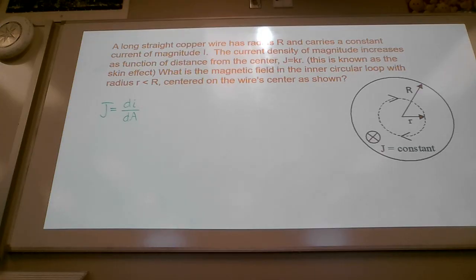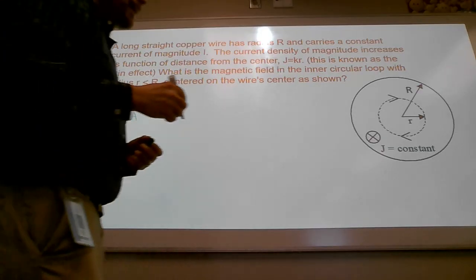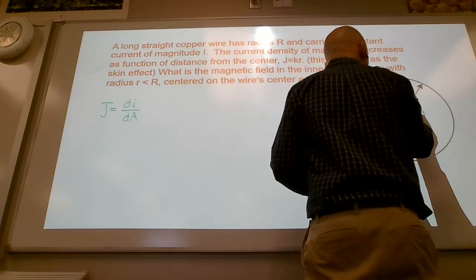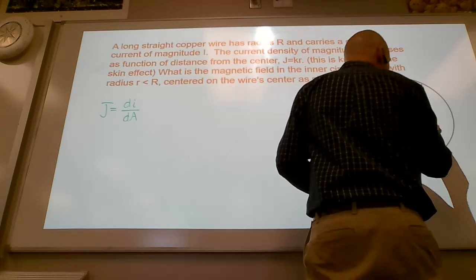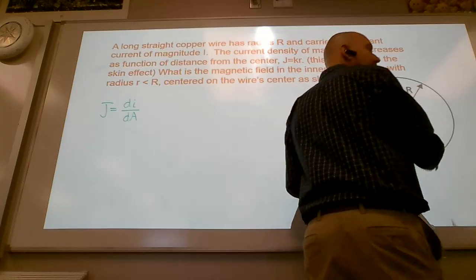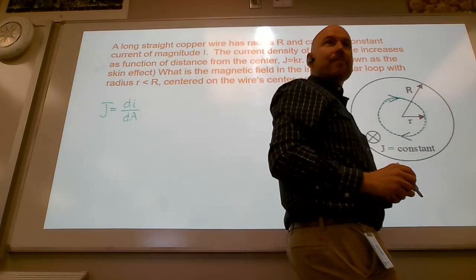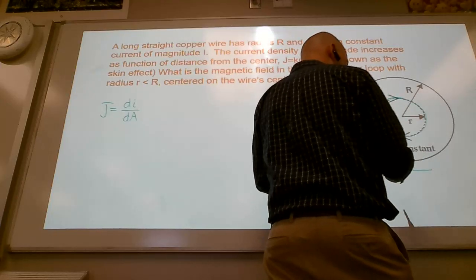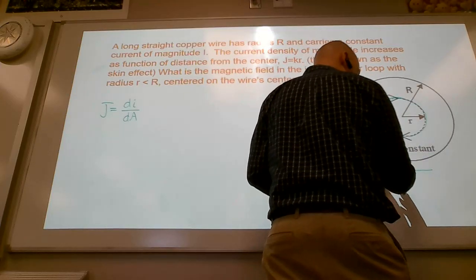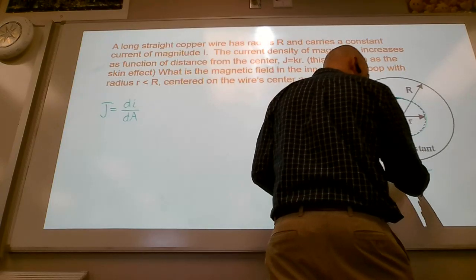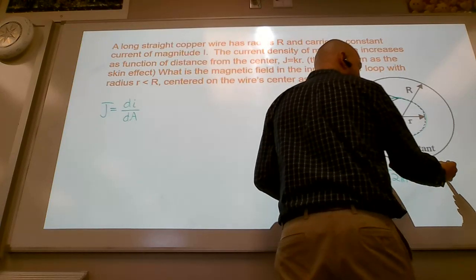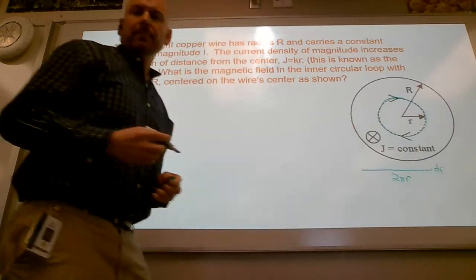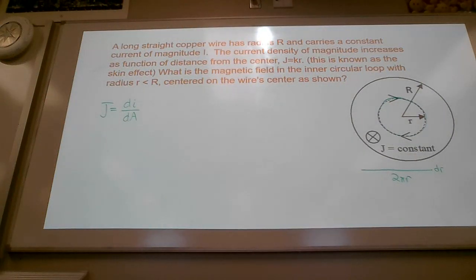Griffin: 2 pi r dr. Okay, I'm going to make my area the area of that ring, which if I cut it out, fillet it, and lay it open, I've got a length of 2 pi lowercase r and a width of dr. How does that sit with you?